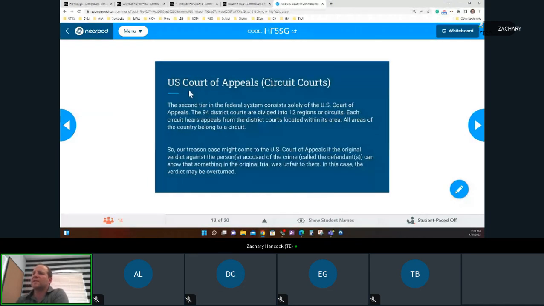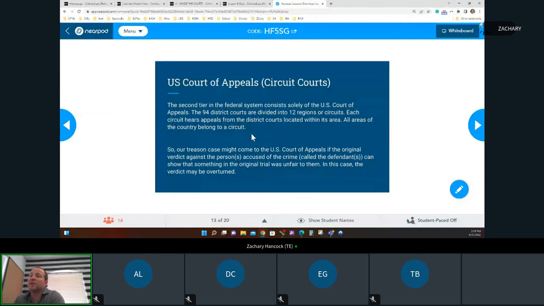Okay, the U.S. Appeals Court, the circuit courts. The second tier in the federal system consists solely of the U.S. Court of Appeals. The 94 district courts are divided into 12 regions or circuits. Each circuit hears appeals from the district courts located within its area.